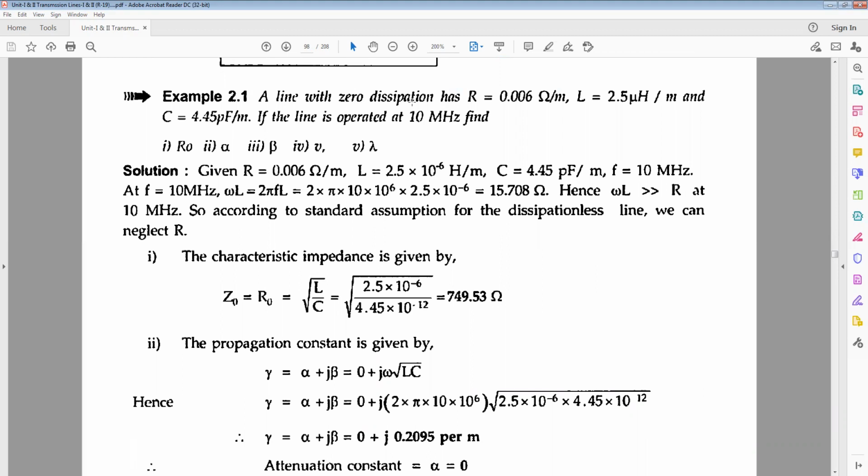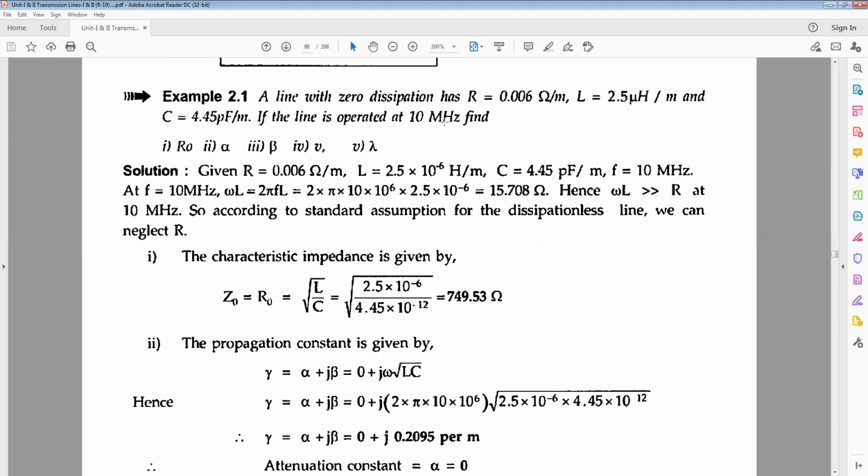A line with zero dissipation has R equal to 0.006 ohms per meter and L equal to 2.5 microhenry per meter, and capacitance is also given in picofarads per meter.